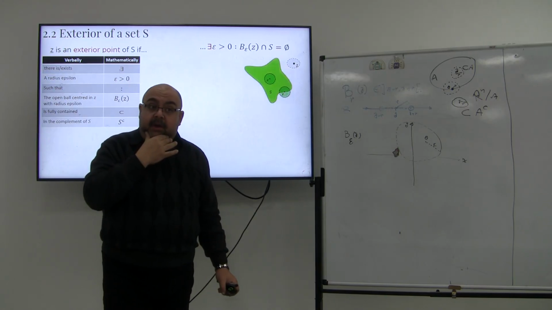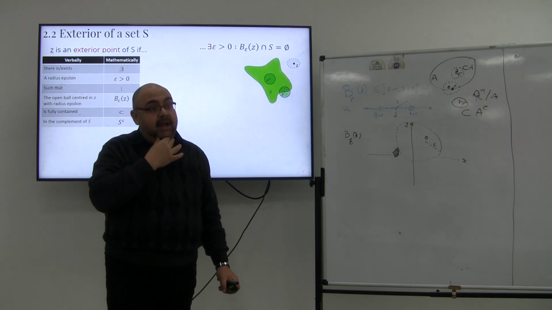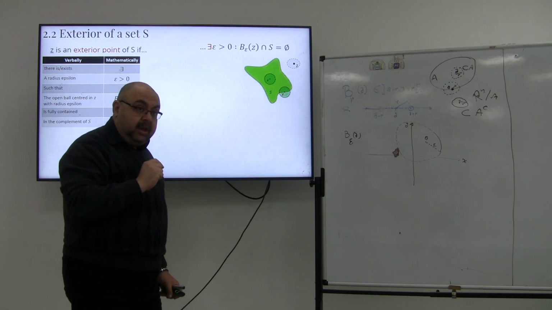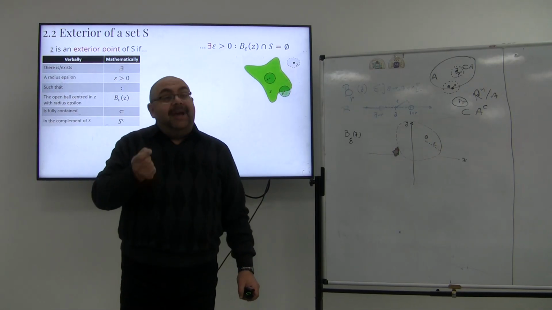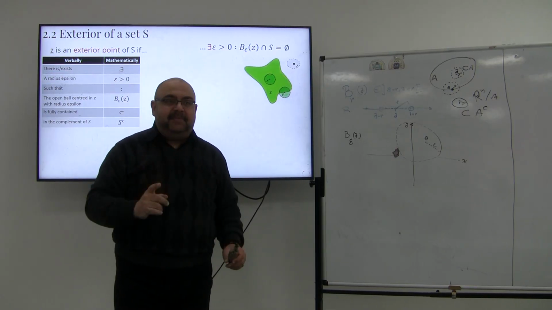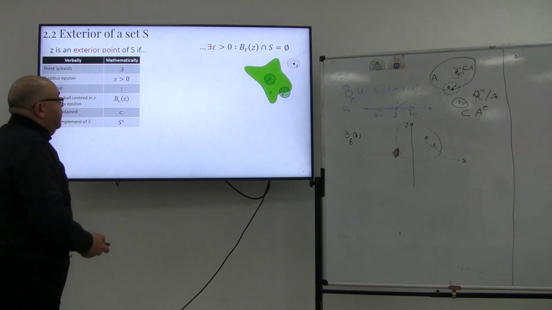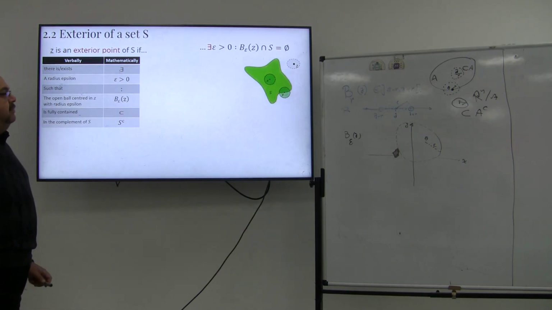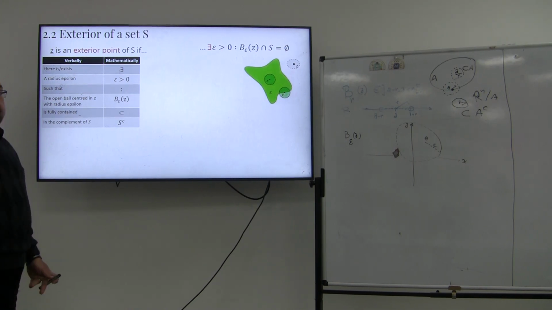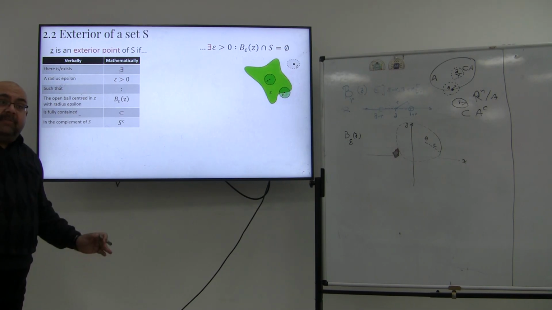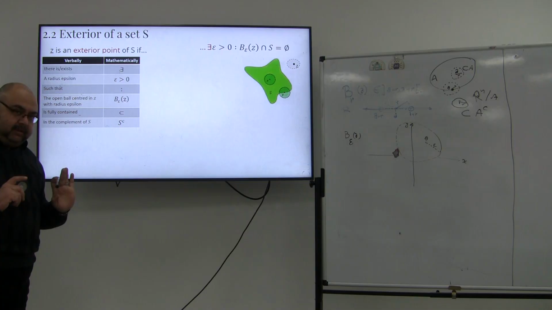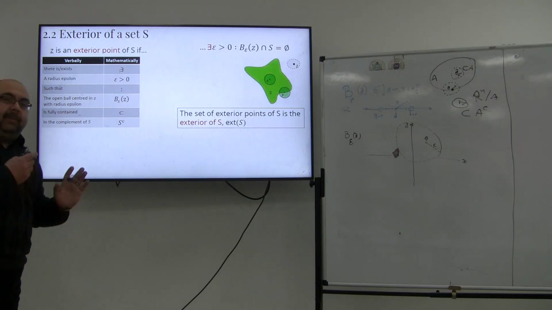Not everything is phi. Okay, because the point or the open ball Z intersection with S complementary, which means the whole universe without S, is not going to be phi. Okay, so you have to read it very well.